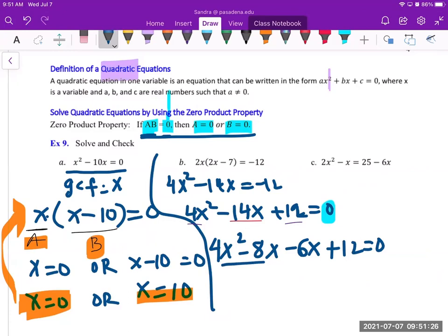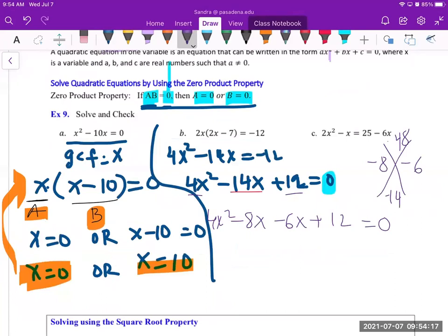GCF, it's 4. What about the GCF over here? So this is what we'll have: the 4x squared minus the 8x minus the 6x plus 12 is equal to 0. And when we group them, my GCF here is 4x.